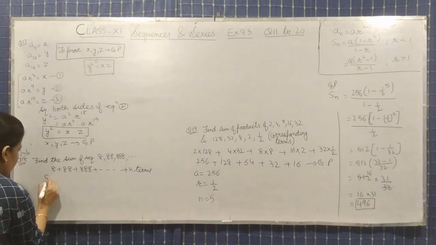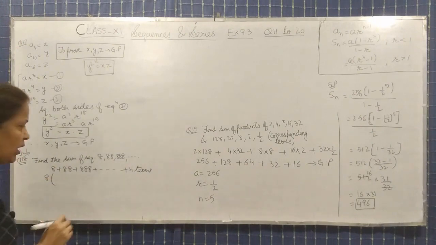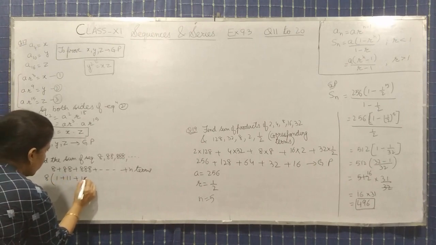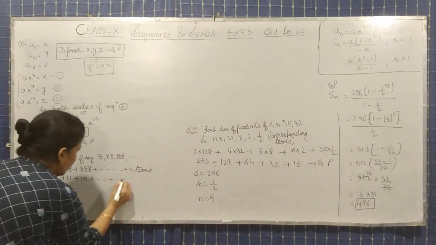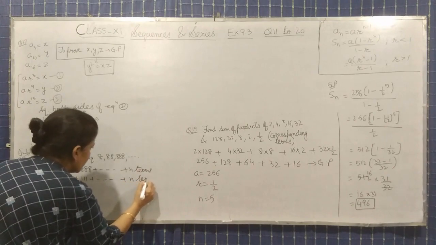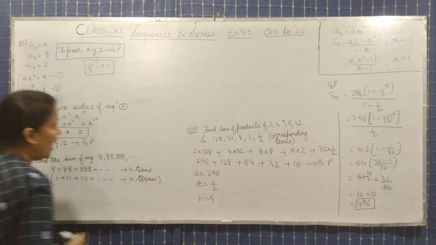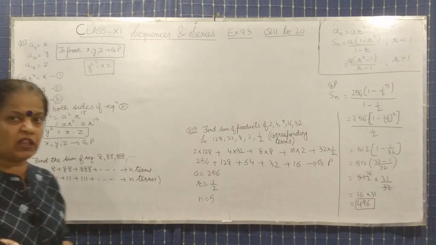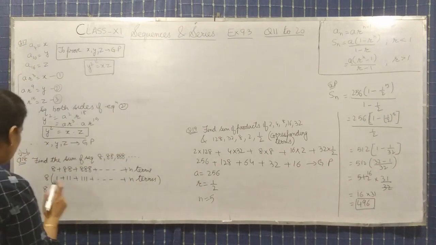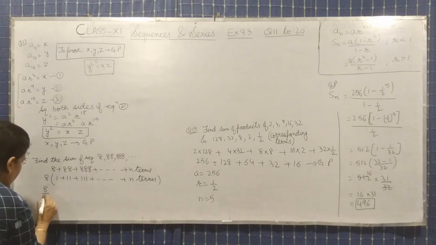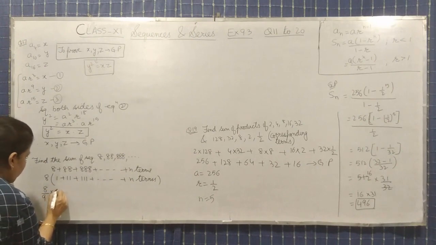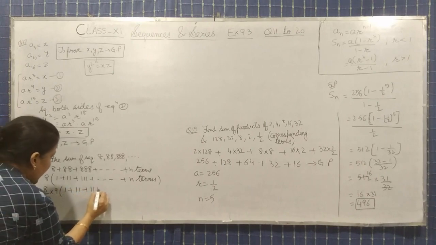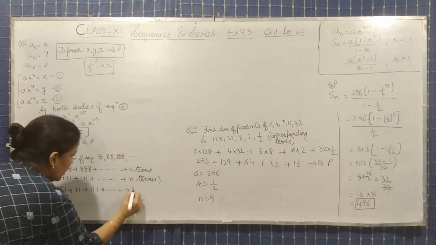First step, we will take 8 common. So 8 common, 1 plus 11 plus 111 and so on up to n terms. And then still it is not in any sequence. So in the further step, we will divide it by 9 and multiply it by 9.